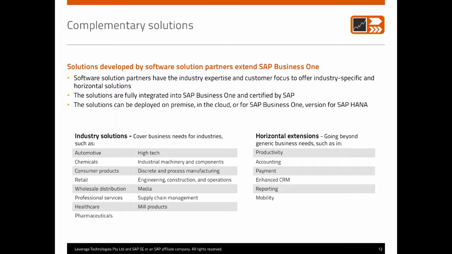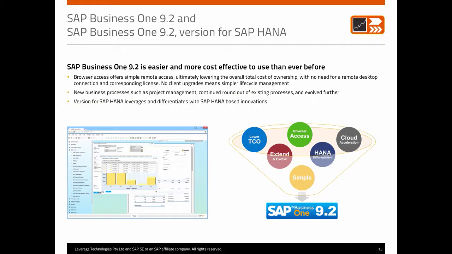And then, of course, not only do we have these industry solutions, but there are horizontal extensions, if you like, that take the core functionality of SAP Business One and enhance it to deliver additional productivity, to build more flexible accounting processes if you have a need for a level of complexity in your organization, in your business processes, payment engines, enhancements to the customer relationship management, and so on.